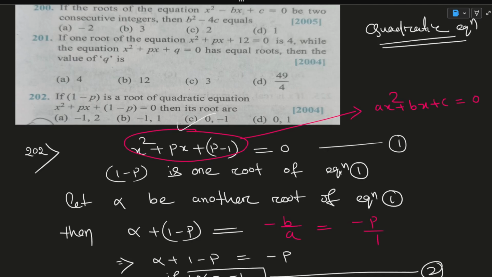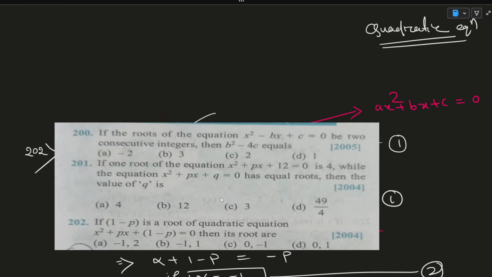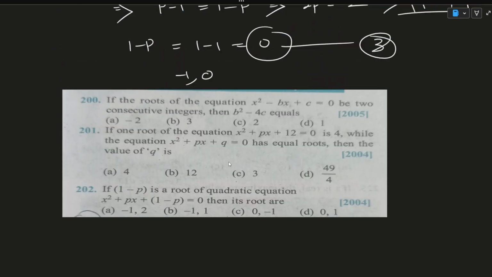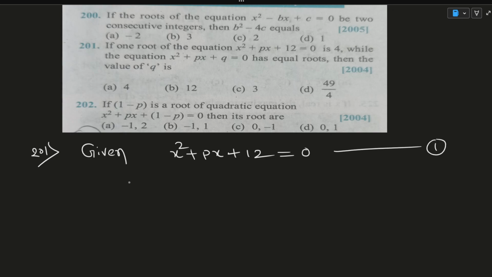Now we'll see another question. Here also we are given one quadratic equation, x square plus px plus 12 equal to 0, and 4 is one root of equation 1.